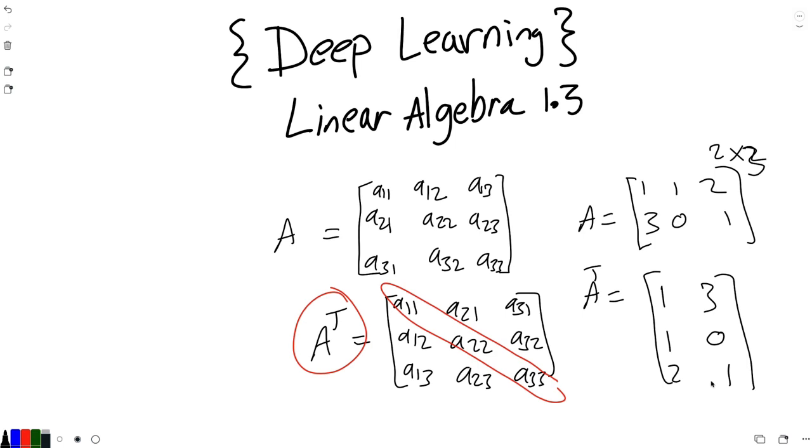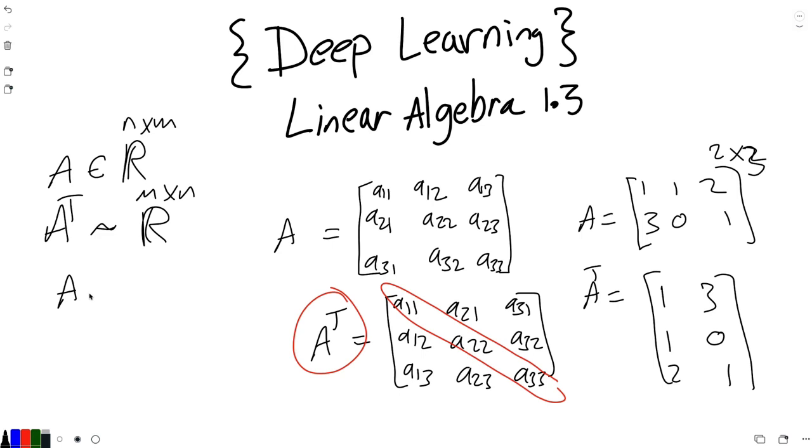In general, for any matrix A that belongs to R, the real numbers, or it can be complex numbers, whatever, if it is n by m, then A transpose has dimension m by n. So you can see that it is always possible to multiply A by its transpose.